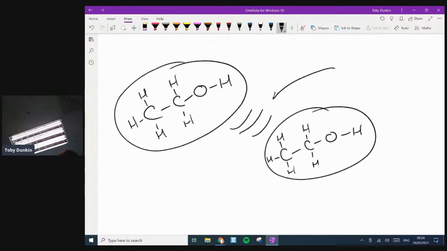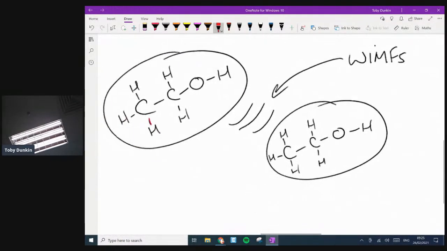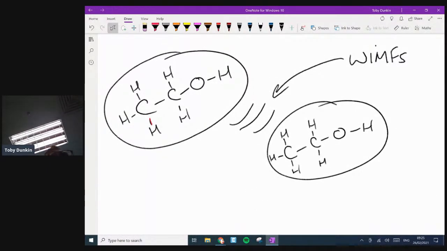And what we're doing is we're breaking them. We are not breaking bonds. Yes, these are intramolecular bonds, and they're covalent. Not breaking those. But we have weak intermoleculars between the molecules, and those we break.